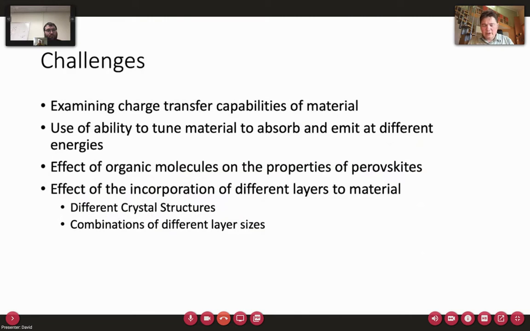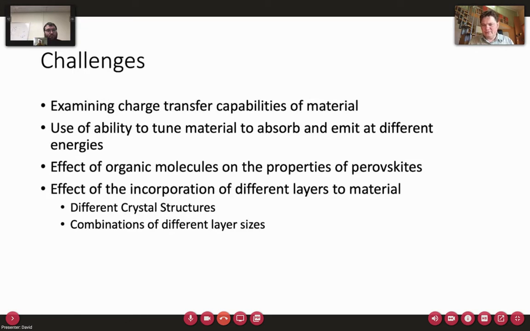So let me communicate the message. Right now, the challenges are formulated quite broadly, like effect of organic molecules. It's an area of research rather than a specific challenge, a specific question.